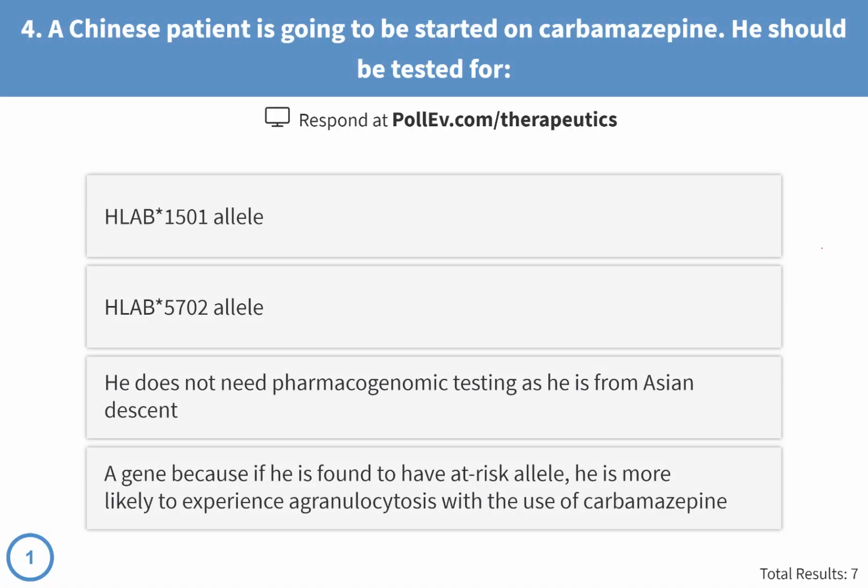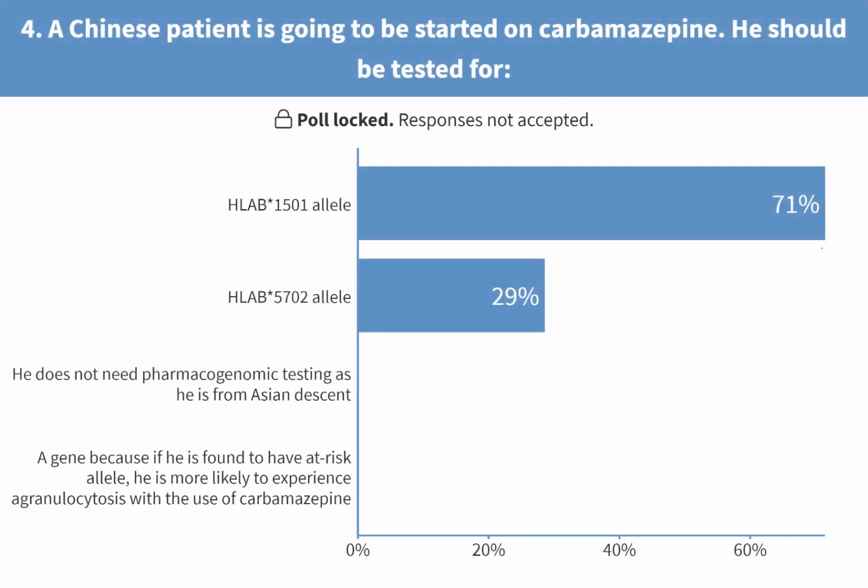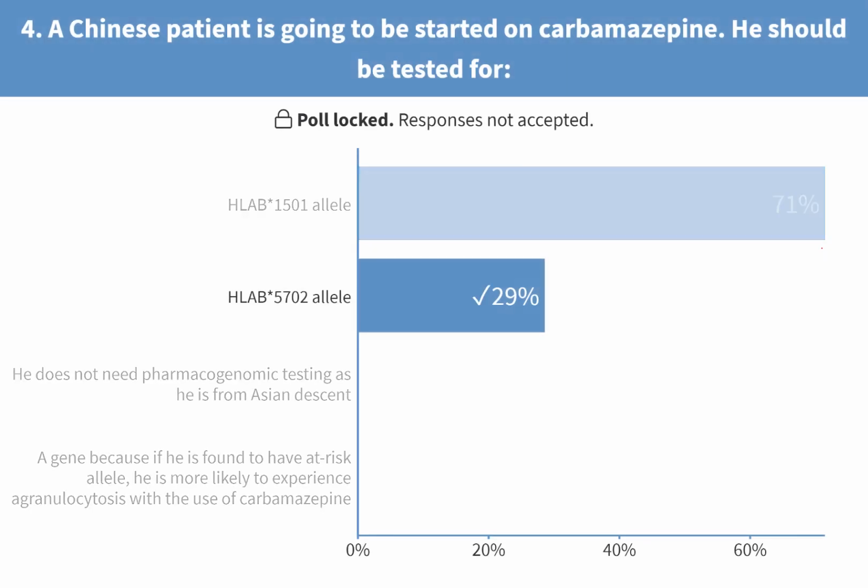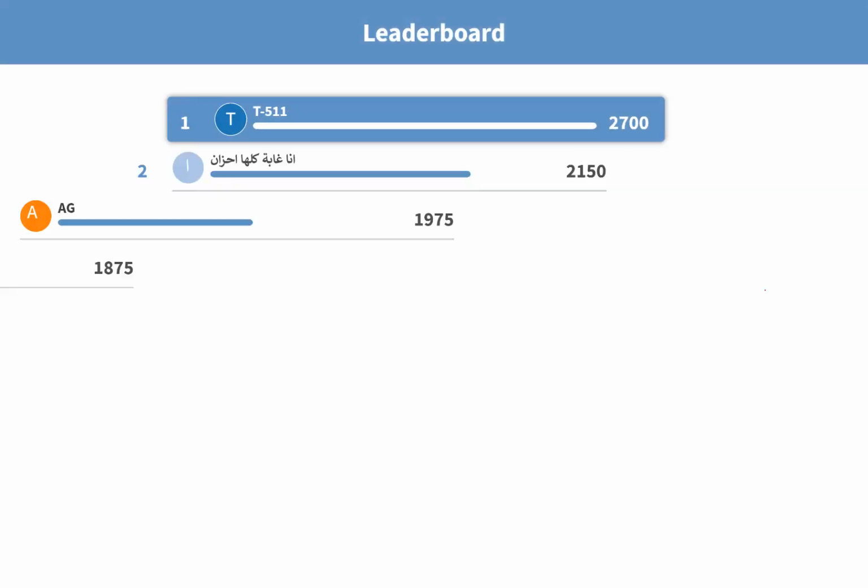He should be tested for... come on, everybody. Did I get it wrong or you got it right? Carbamazepine is 5702 genes, right? 1502? Okay, sorry, I should have mentioned 1502. It's my mistake. Two more questions.